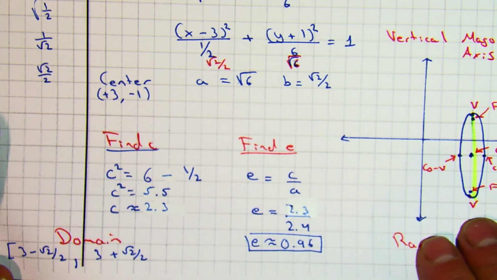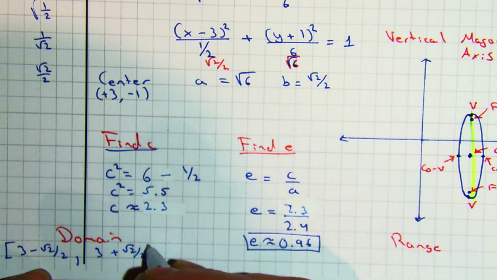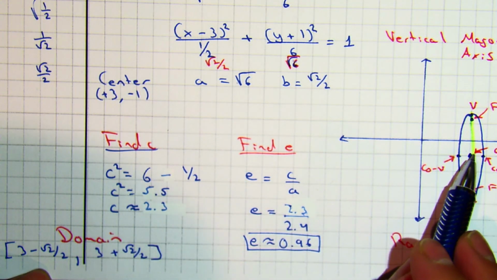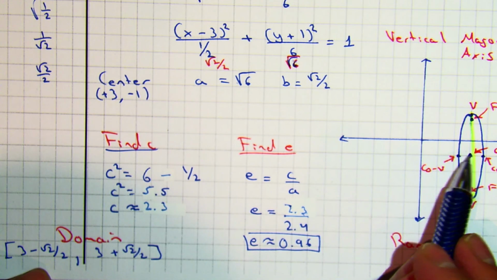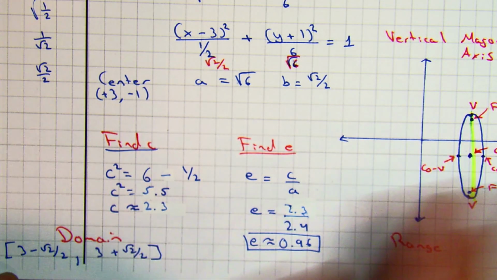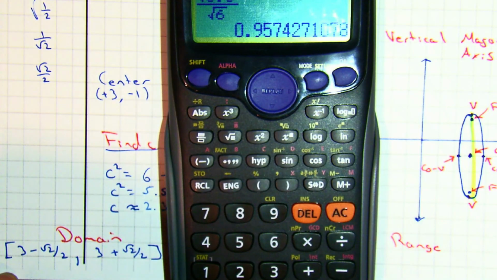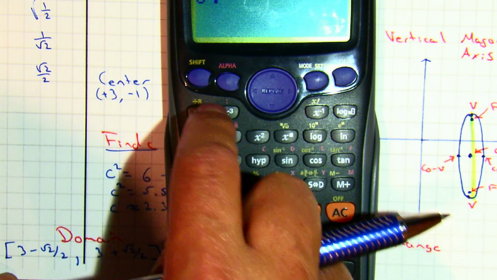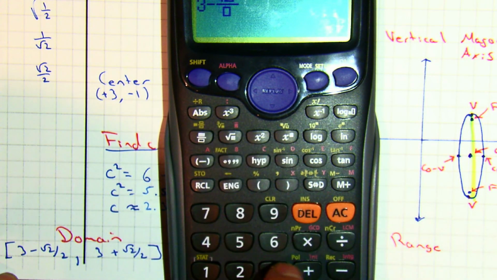Because we do want to be able to have an exact answer for the domain, we are going to place from our center. And this distance was the square root of 2 over 2, so we're going to subtract. And then from our center, we're going to add it. And that gives us our domain. If we want to find an estimate, we can do 3 minus the square root of 2 divided by 2. That should give you about 2 point something.